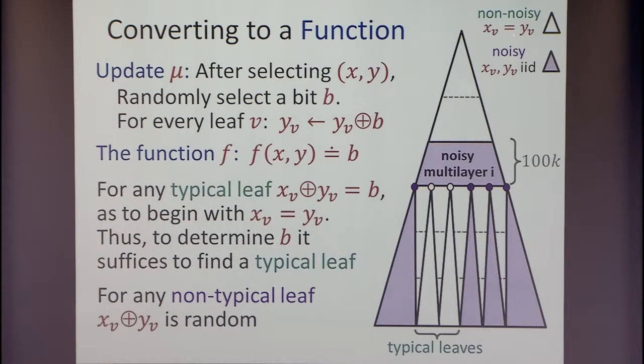Non-typical leaves are noisy, which means x and y to begin with were independent. Then we added some b to y, and they're still independent, so the sum is going to be random. If you know a typical leaf, then you can solve. If you use a leaf that is not typical, it wouldn't give you anything.